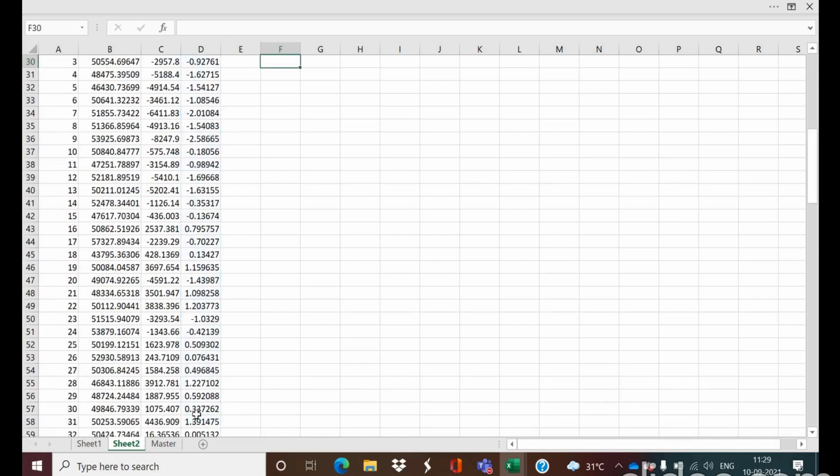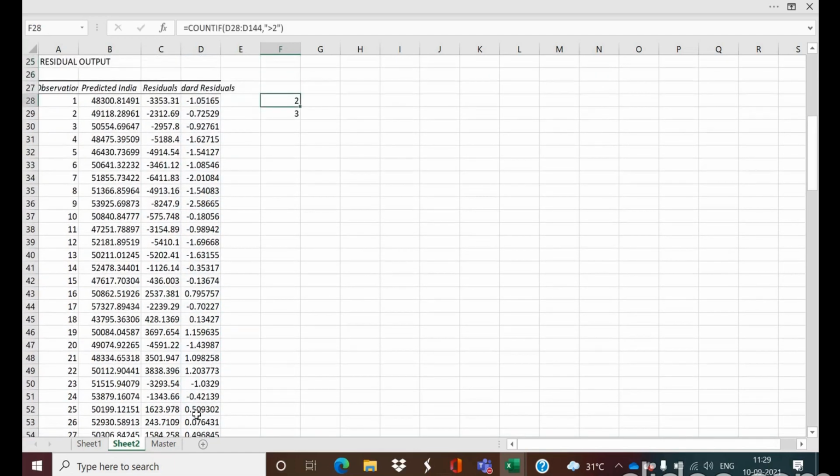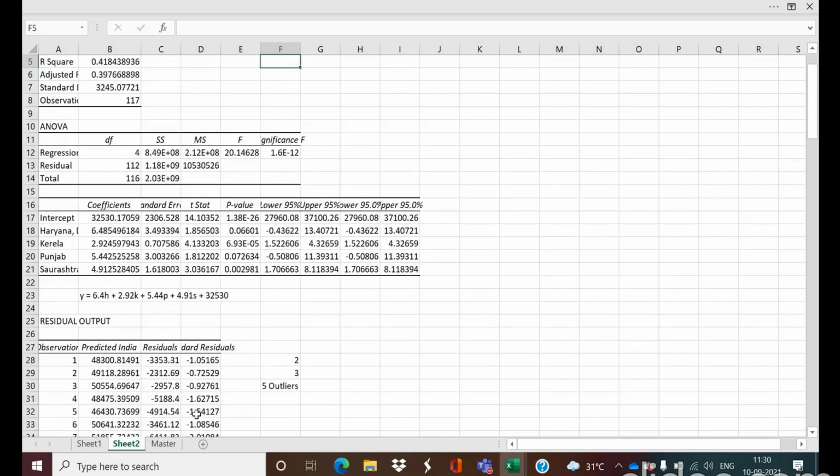Where did the sheet go? So how many outliers are there? Total 5 outliers. Is it better or worse than the previous one, outlier wise? Yes, we had 4 before, now 5. So the previous one was a little better from the standardized residuals point of view. But how about adjusted R square? Adjusted R square is much better this time in the second.